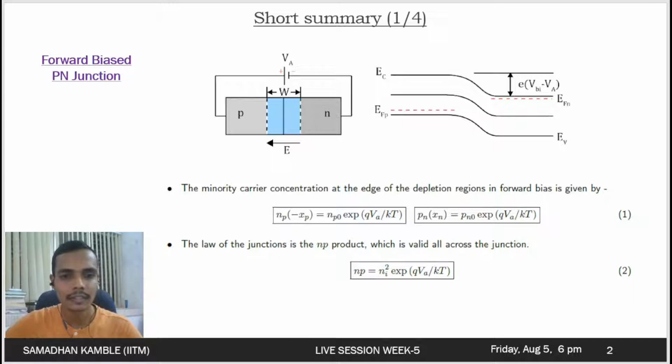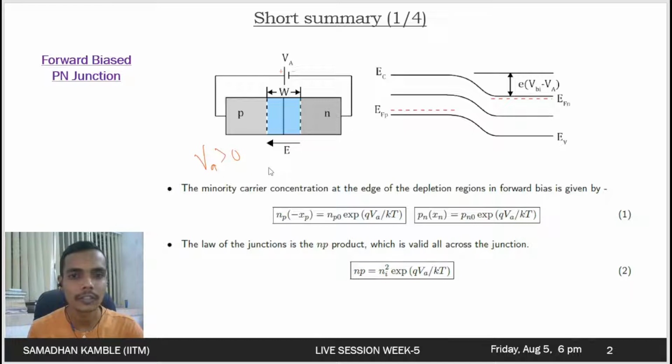So let us first consider the PN junction with forward bias, in which the applied voltage V applied is positive, so V applied is more than 0. The majority carriers diffuse into the depletion region, which decreases the net space charge.